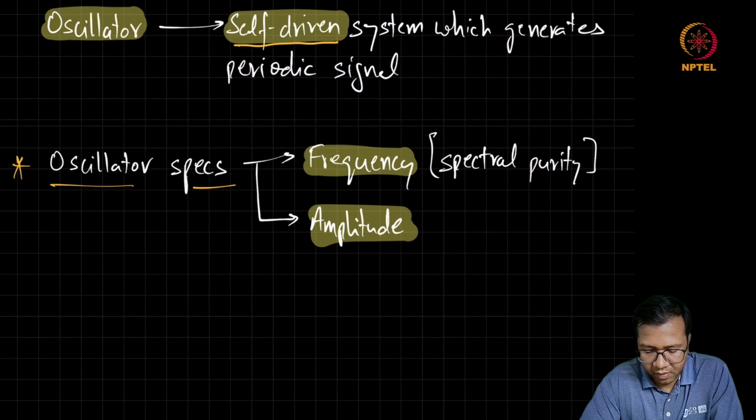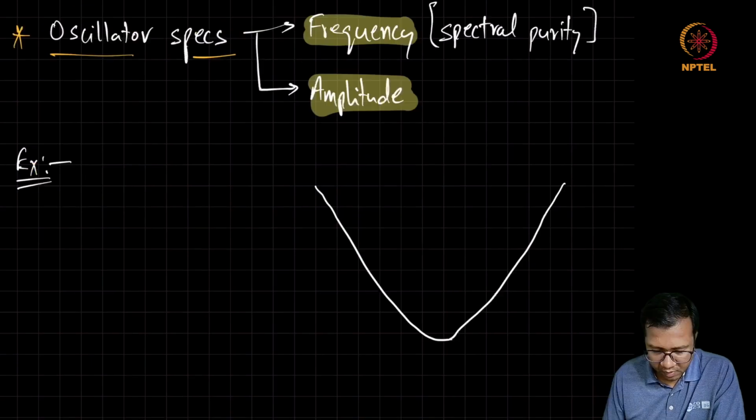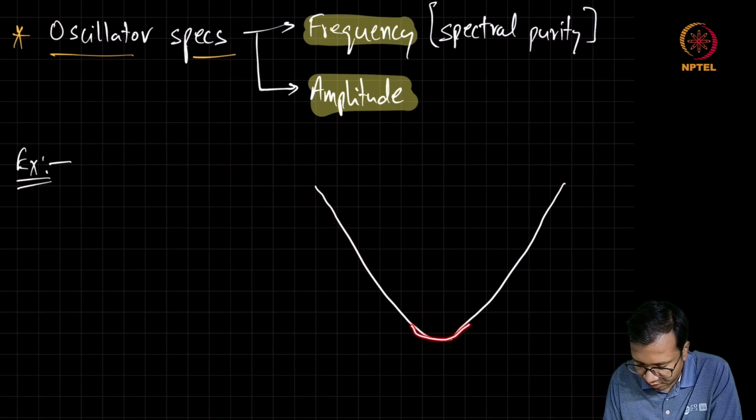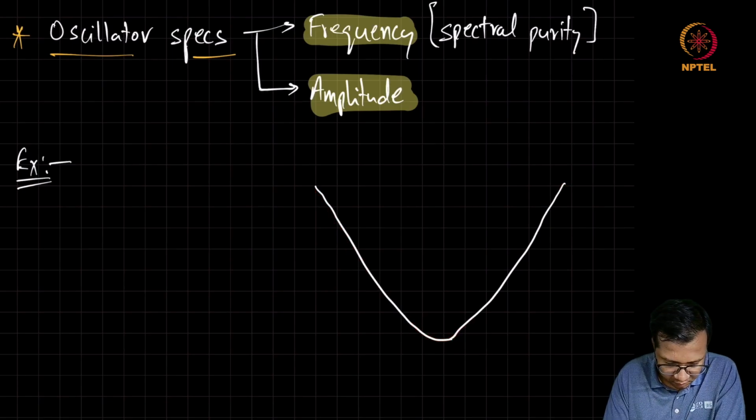And to understand such a self-driven system, we can take some example from our day-to-day life, where we have these two inclined surfaces which are connected in a smooth manner.